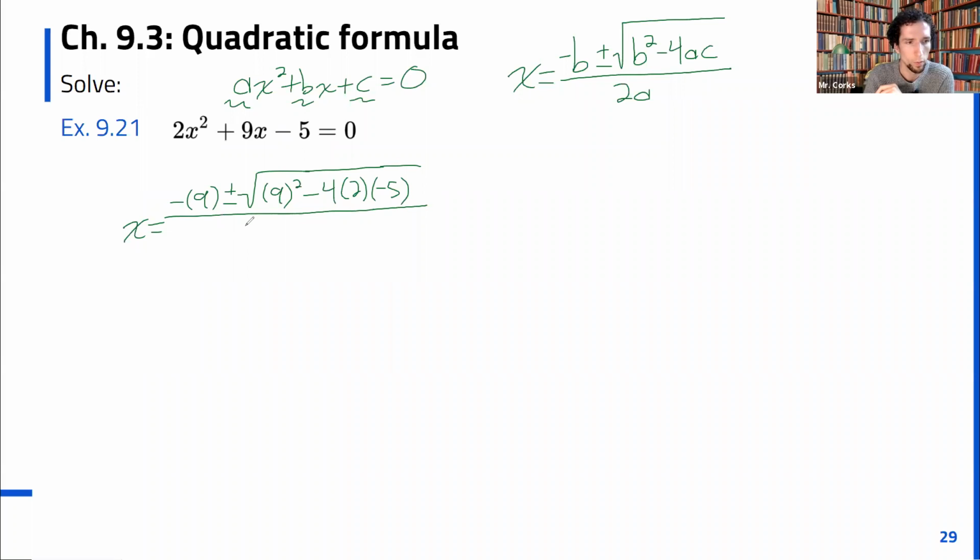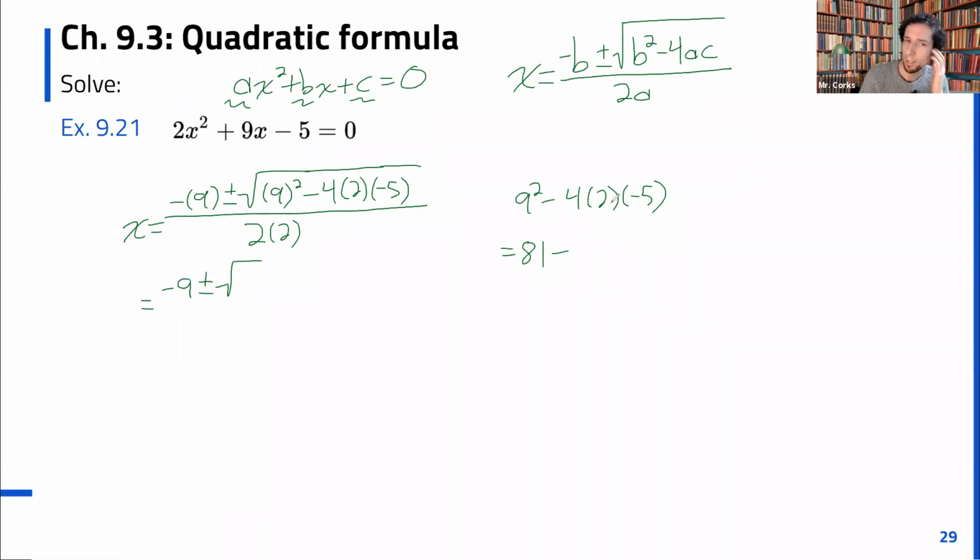And all of that over 2 times 2. All right, negative 9 plus minus square root of 81. I don't feel like writing that all out a bunch of times. Let's just do that on the side here. 9 squared minus 4 times 2 times negative 5.